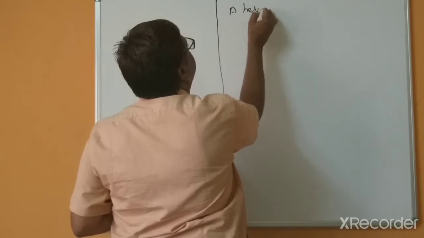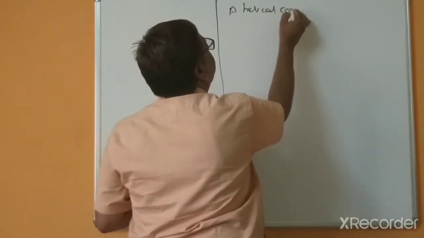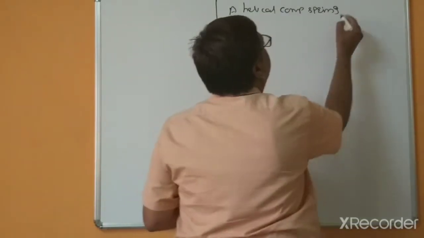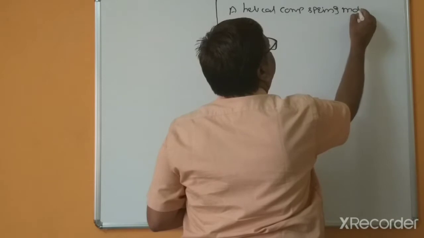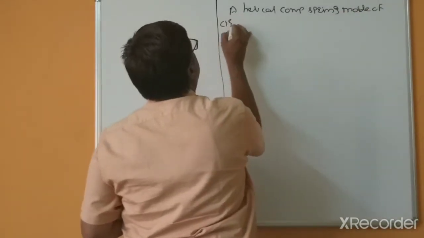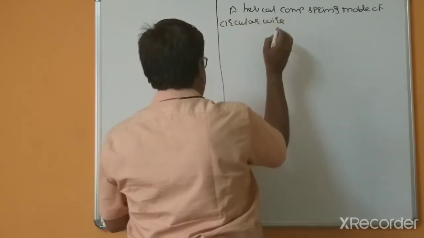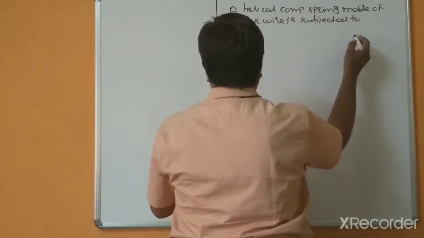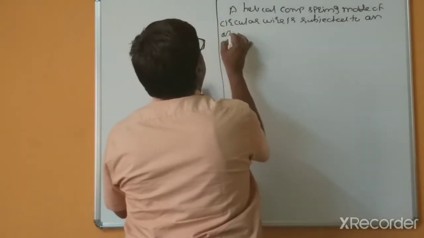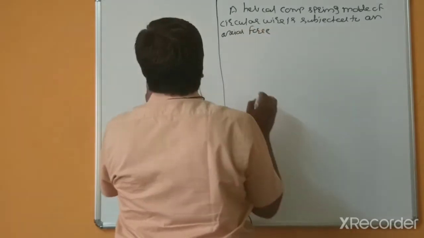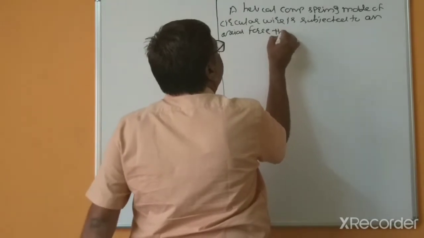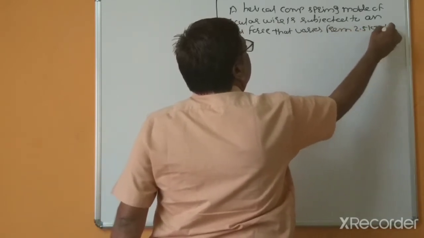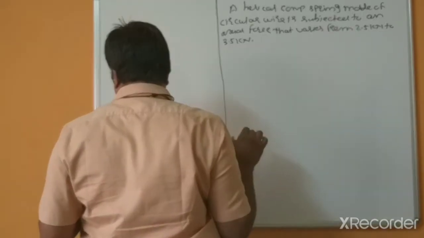Today's first problem is a helical compression spring made of circular wire, subjected to an axial force that varies from 2.5 kilonewton to 3.5 kilonewtons.